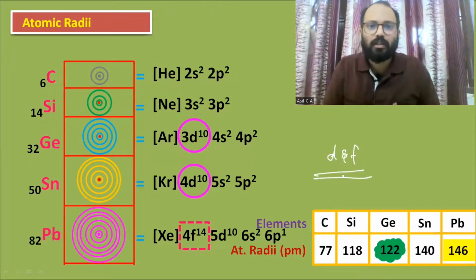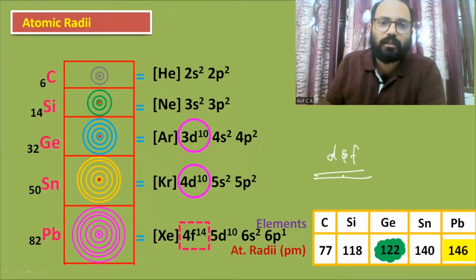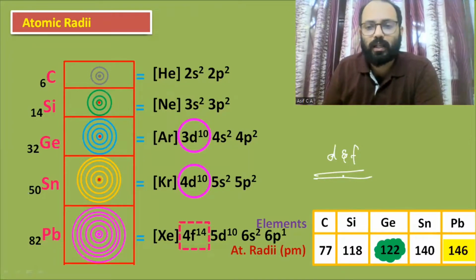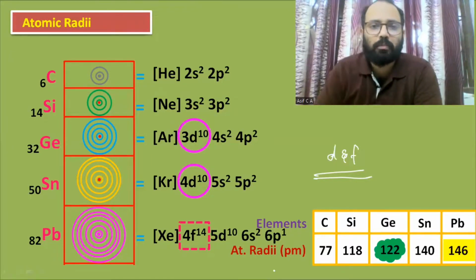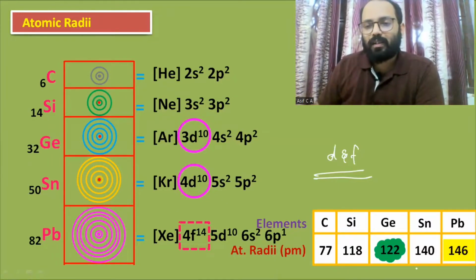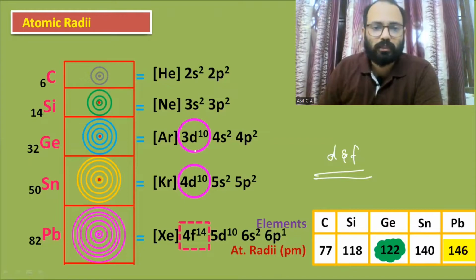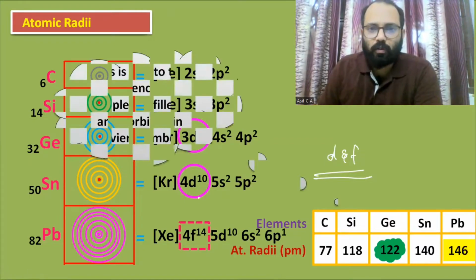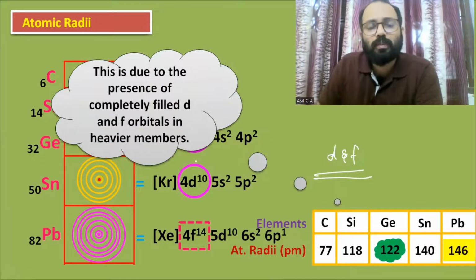So the size will decrease. So it does not increase as much as we expect, but still it is increasing. So there is no problem with atomic radii, like the 13th group it is increasing. Why is it a small increase? Because of the presence of completely filled d and f orbitals.